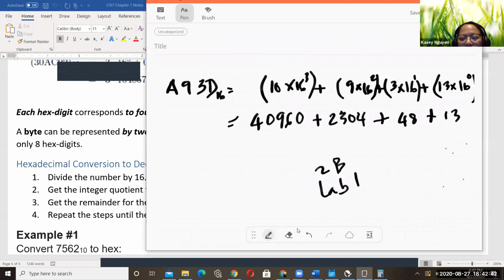Let's say that we want to make this into binary. Sure, you can take the decimal and then start doing the subtraction, but the easier way to convert this value to binary is looking at each of these as 4 bits.